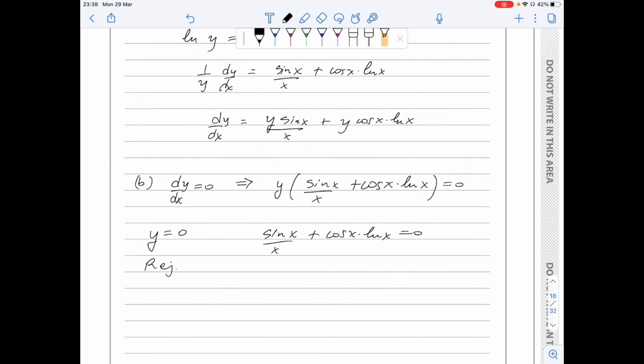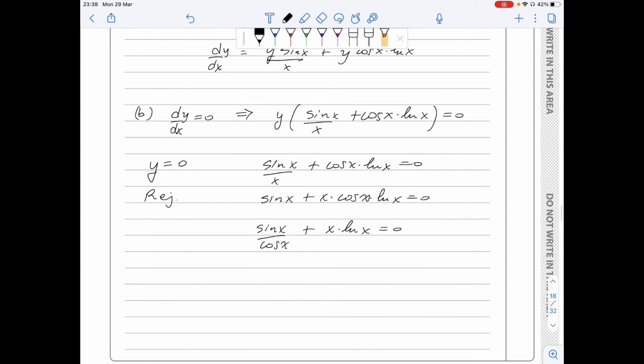I will multiply everything by x. So sin x plus x cos x ln x is 0. And I will divide everything by cos x. So sin x over cos x plus x ln x is equal to 0. And this will give me the final answer, which is tan x plus x ln x equals 0.